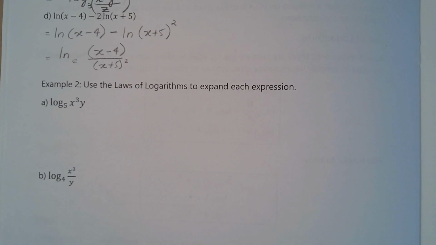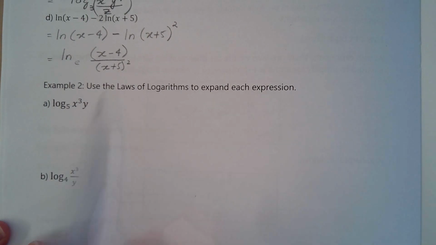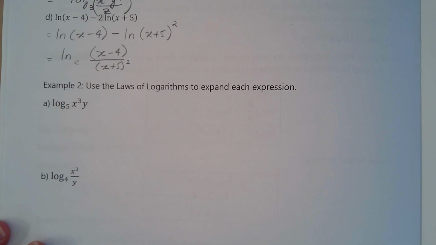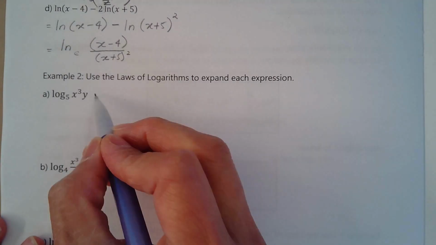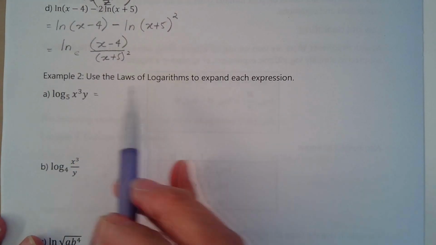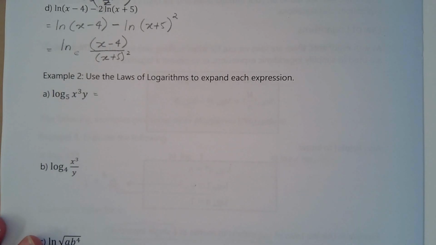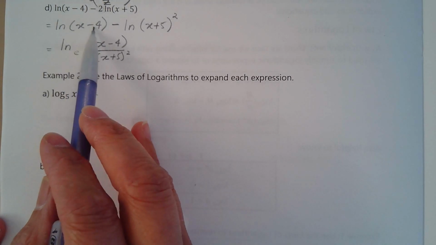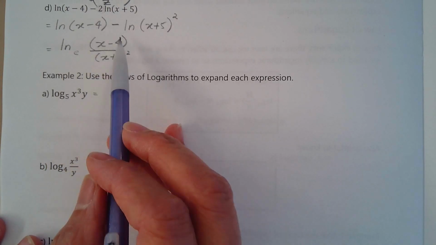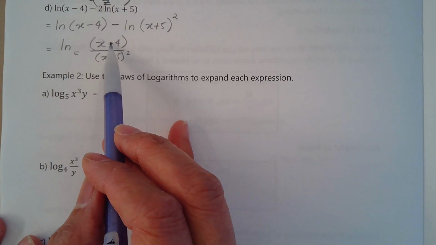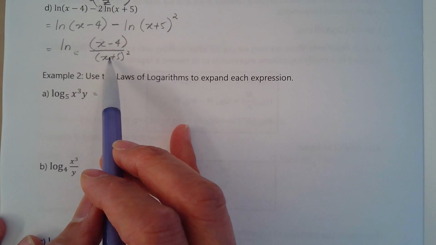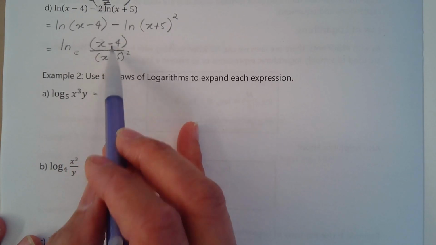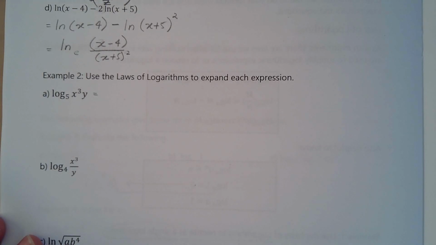Let's take a look at this one. If this is positive 5, then that would be x plus 5 over x plus 5 squared. Then that would cancel there. Oh no, not 1/2.